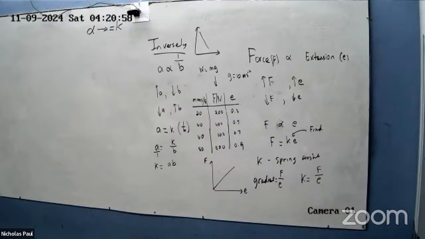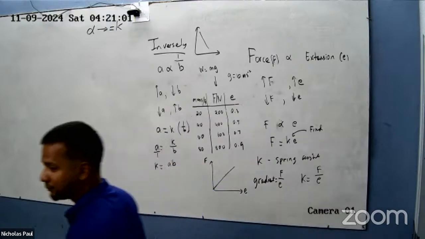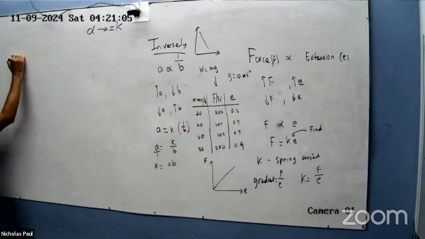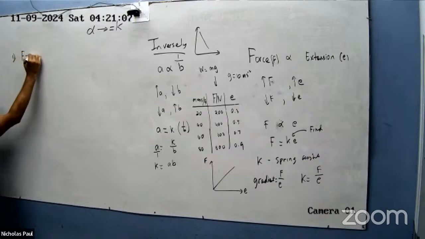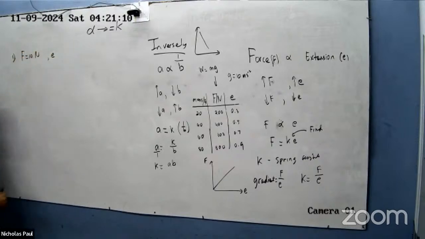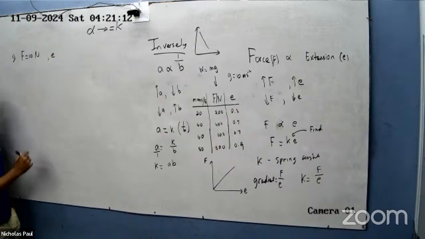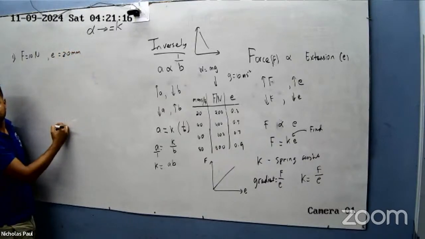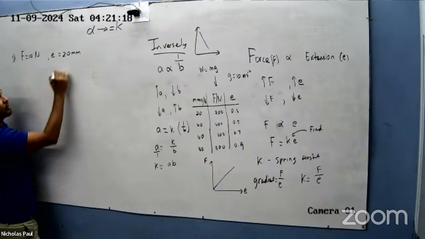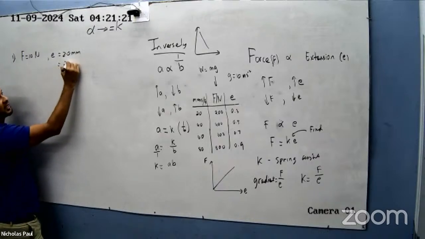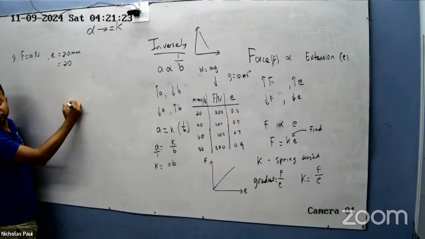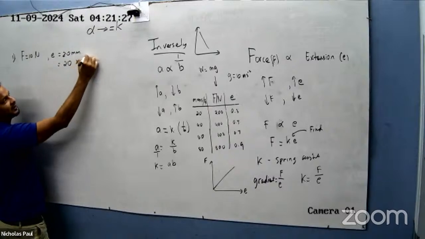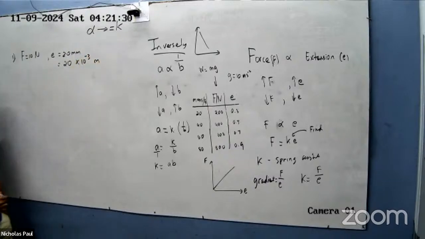Come on, Rita. Tell me, what's the first thing the force gives you? The force is 10 and the extension is what? 20 millimeters. So therefore you have to work in what? You have to work in meters, right? So how much is that in meters? Well, you can just take off milli and write 10 to the minus 3.